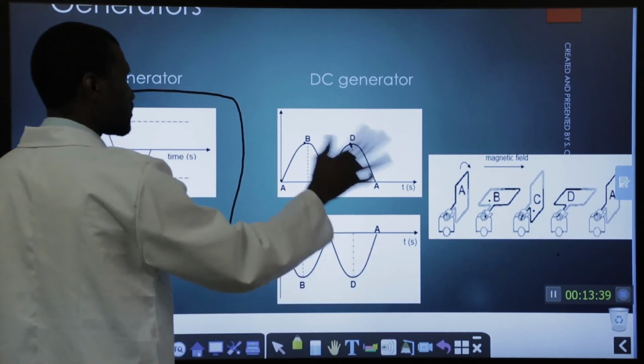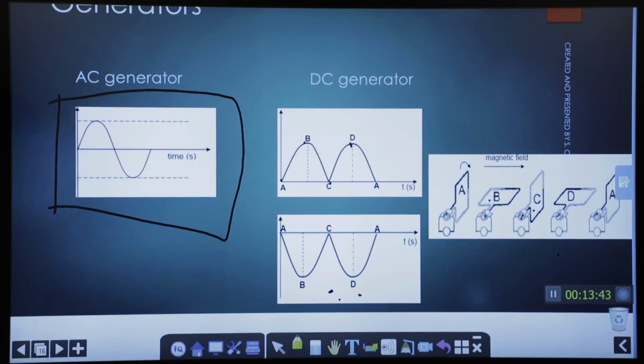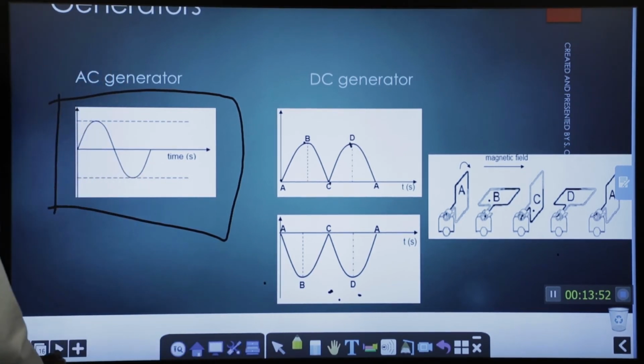We can also turn the graph around and represent it like that. It's still the same thing because we still have Vmax, but it has to be just on one side. It is not alternating.